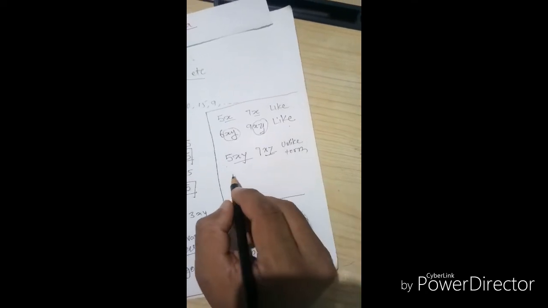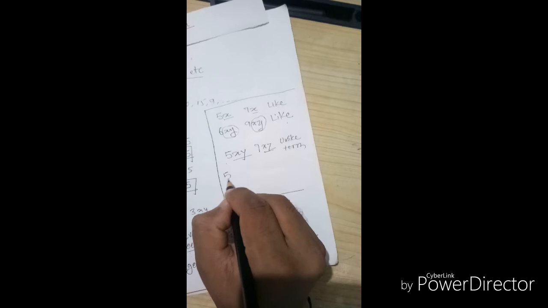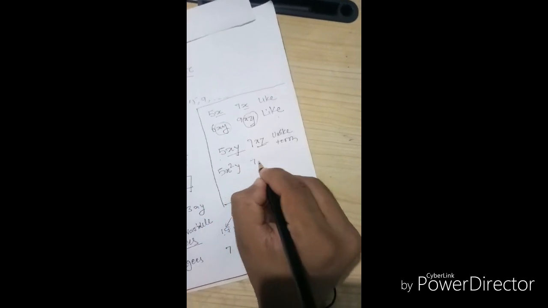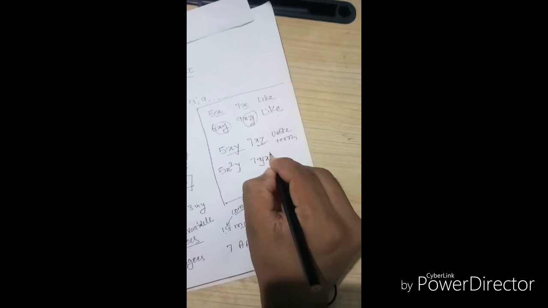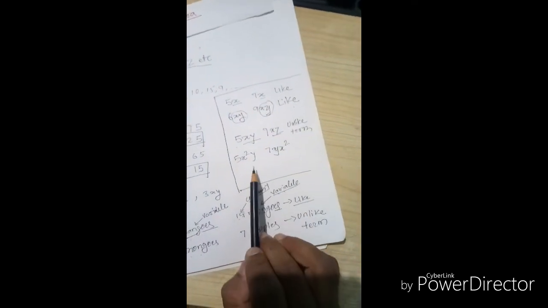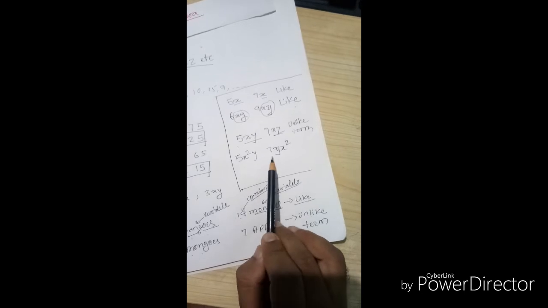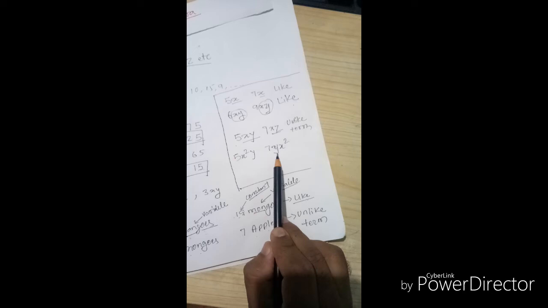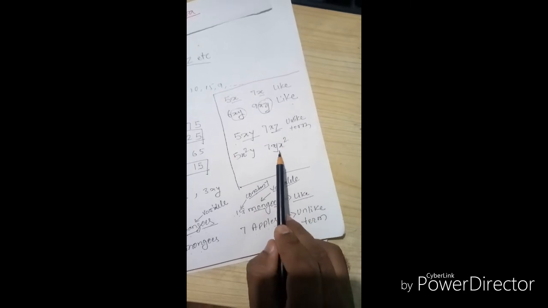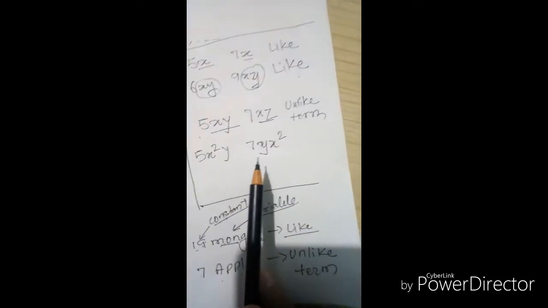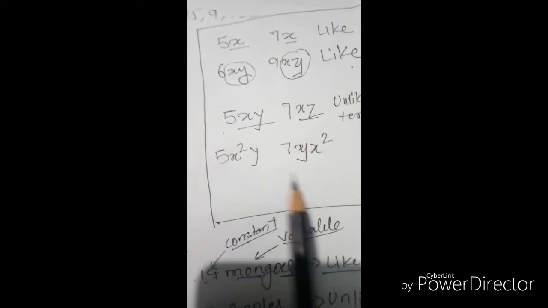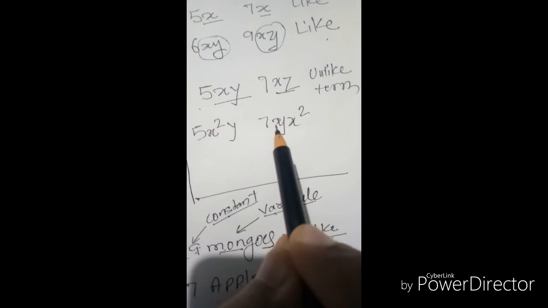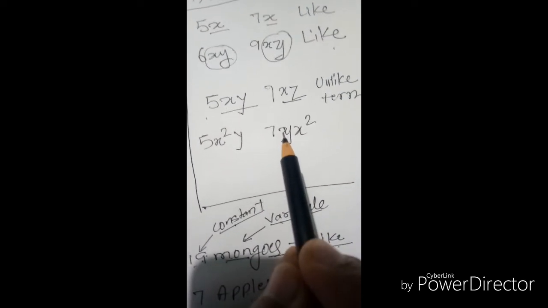One more example: if you have 5x squared y and you have 7yx squared. Now, this is a very important example. Here I have written x squared y, and here I have written yx squared. If you see it very closely, I'll take my camera closer to this example. Is it like or unlike? If your answer is like, then you are absolutely right.